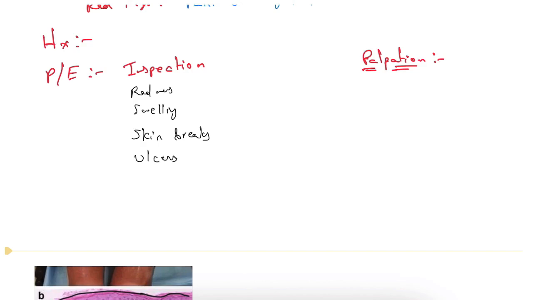In palpation, we have to assess for warm sensation, tenderness, and induration. Next one, fluctuation. So these are very important things. The important finding in cellulitis: if the patient has an abscess it will be fluctuant, so it's not a simple cellulitis.